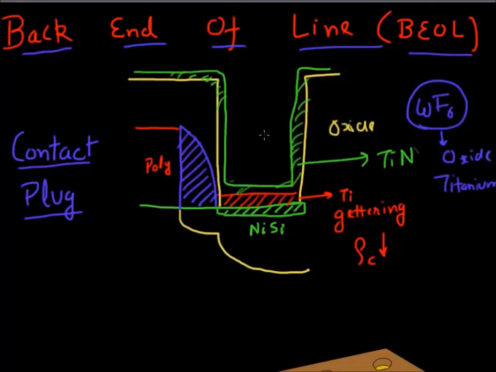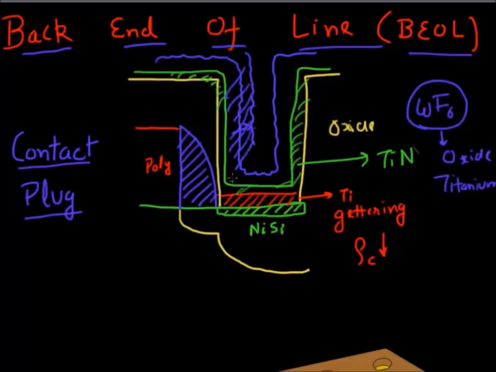So once you deposit this titanium nitride layer, then you do a CVD deposition of tungsten. So this tungsten is a conformal CVD deposition. So it starts depositing from both sides, and then it starts growing, and you fill it up with tungsten from both the side walls, and you keep filling up until they meet in the middle.